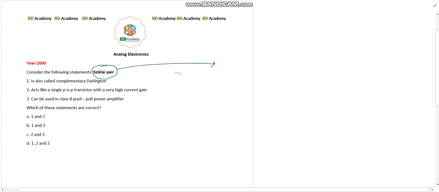In Ziegler pair there are two BJTs. One is NPN and the other is PNP, connected together. Let me draw that.